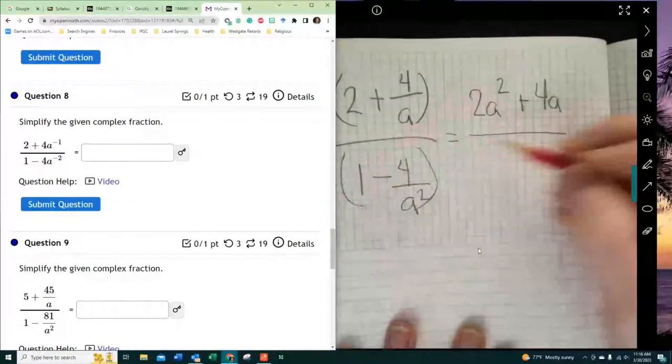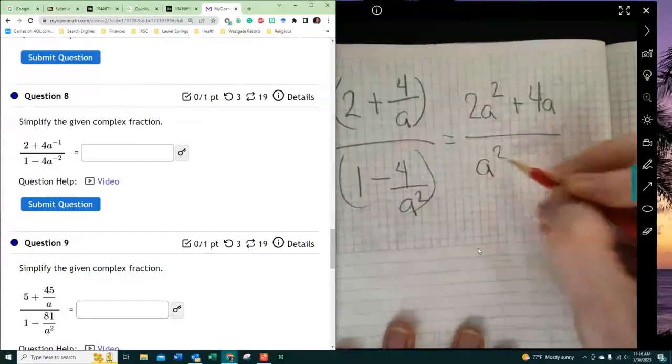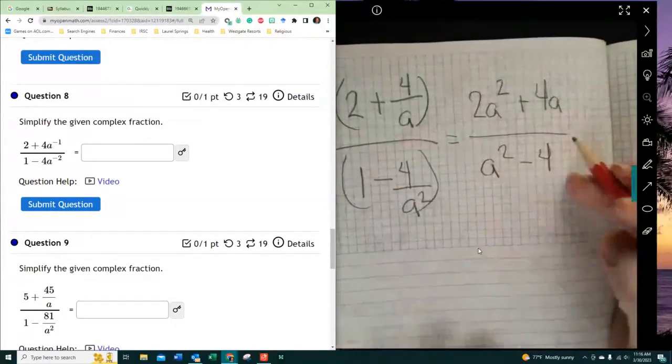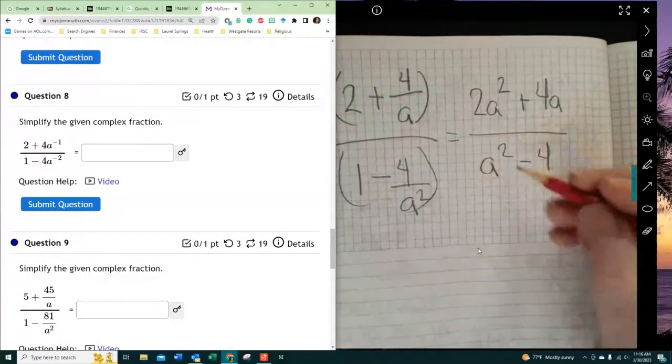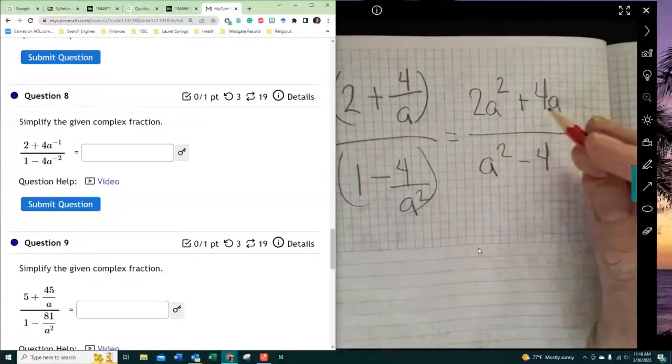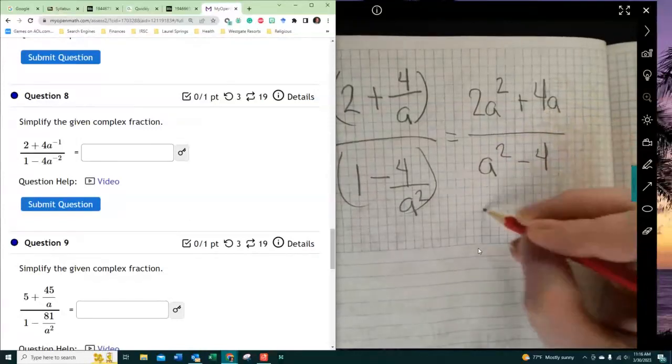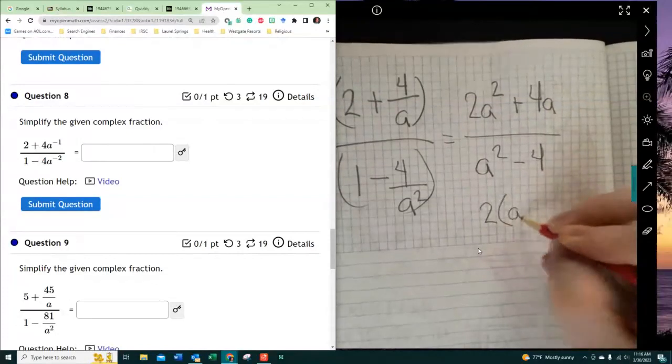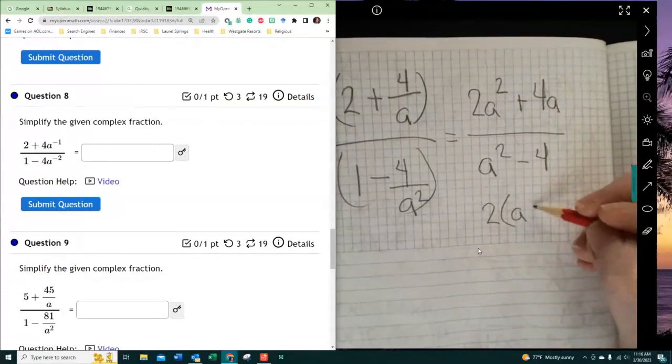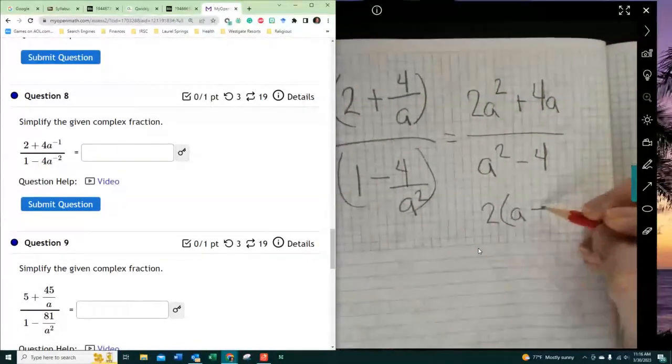And then we're going to get 1a squared minus 4. Now I'm going to go ahead and factor a little further. I'm going to factor out a 2a just to make sure that everything's okay.